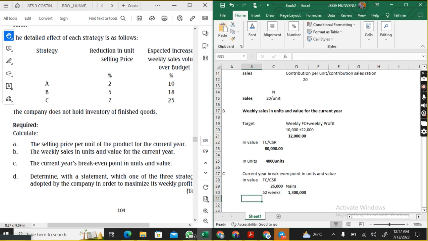So in units now, what would be our break-even point in units?